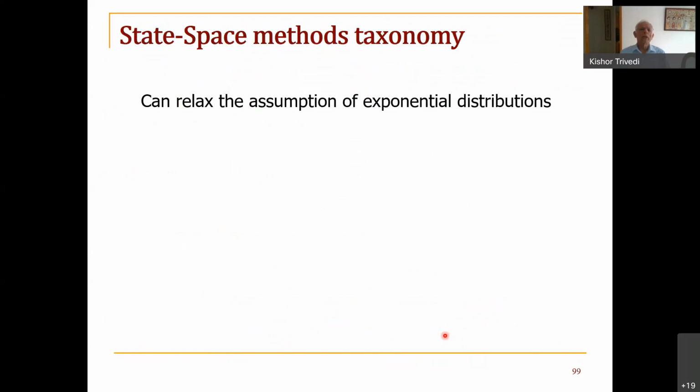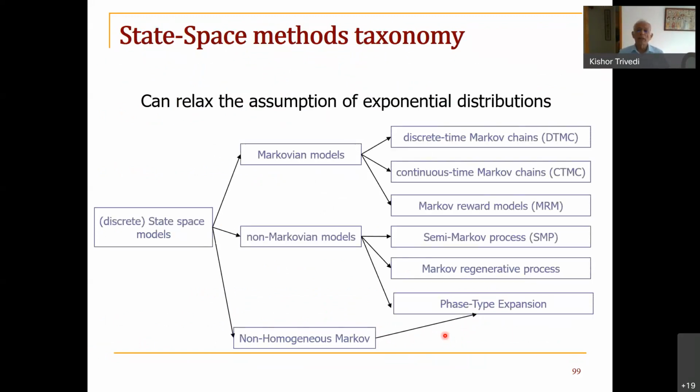So now whenever somebody shows a homogeneous continuous time Markov chain, somebody from the audience will say, hey, wait a minute, you have used the assumption of exponential distributions everywhere. And I say, yes, but it is possible to relax these assumptions by using semi-Markov processes, Markov regenerative processes, non-homogeneous Markov chains, or phase type expansions. And these methods are detailed very well in our green book.